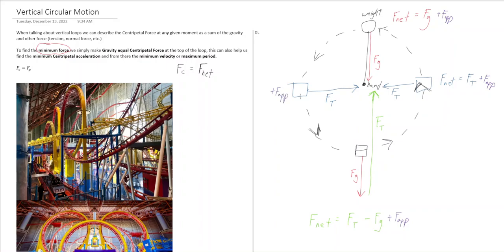So you can have a bigger force if we add that F applied, or we can just talk about our minimum force, which is without that extra force. The big concept here is that F net is centripetal force, and it has to be the same the whole way through, otherwise we do not have the minimum centripetal acceleration. So when we talk about minimum centripetal acceleration, we're talking about this case up here, when your Fc equals your Fg.